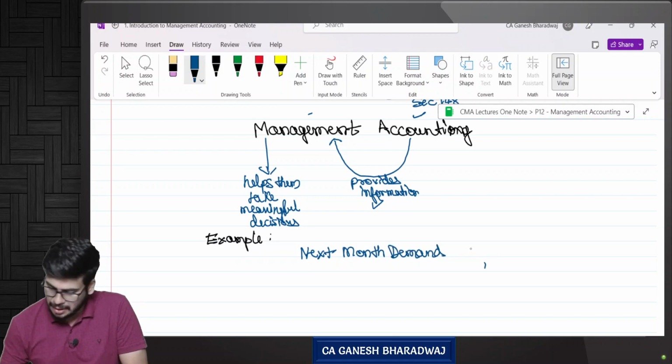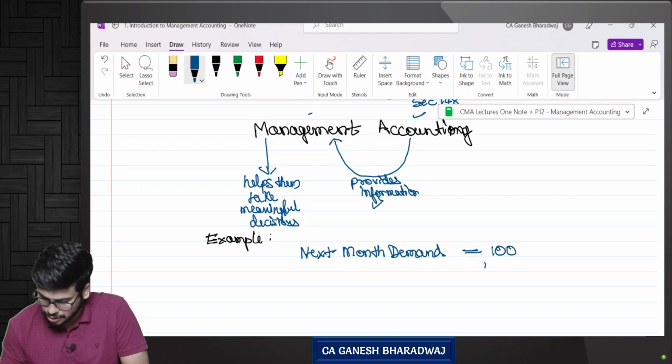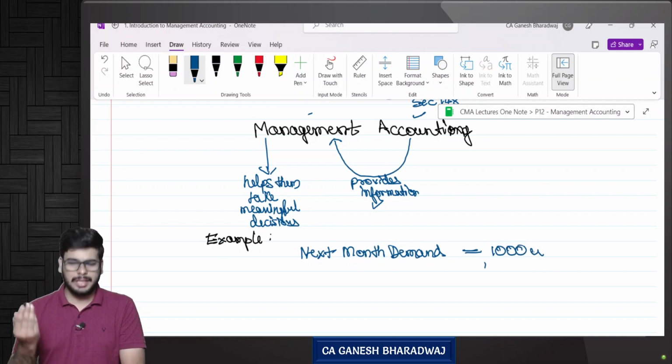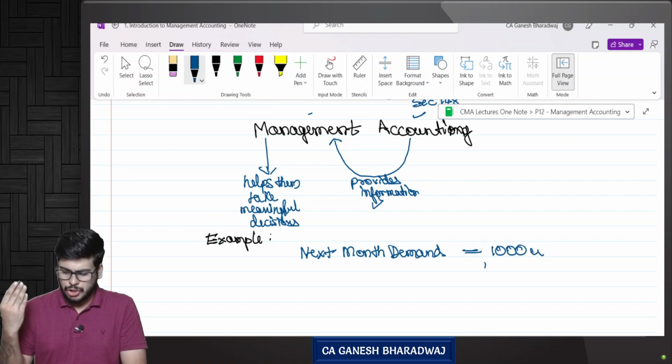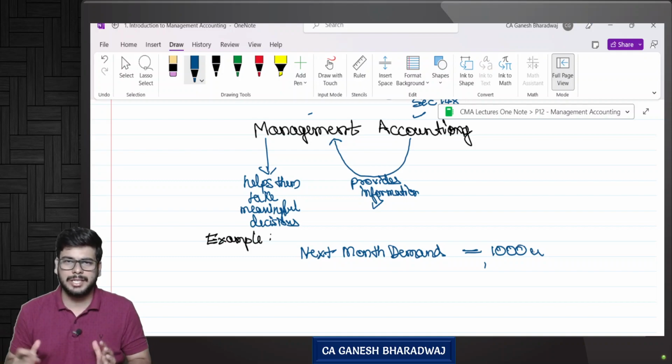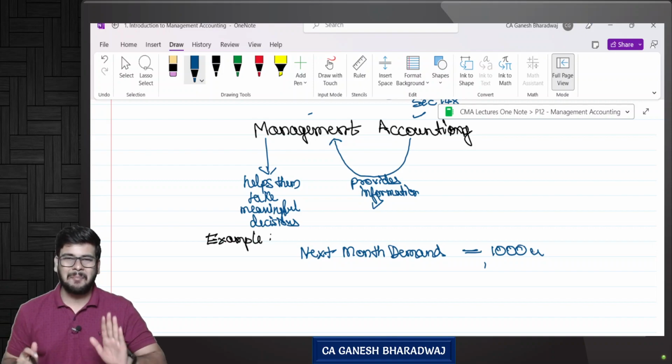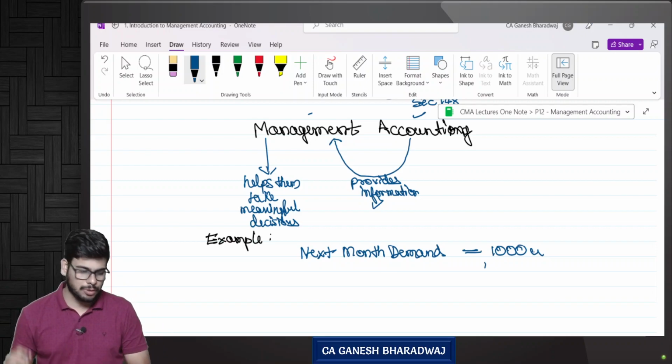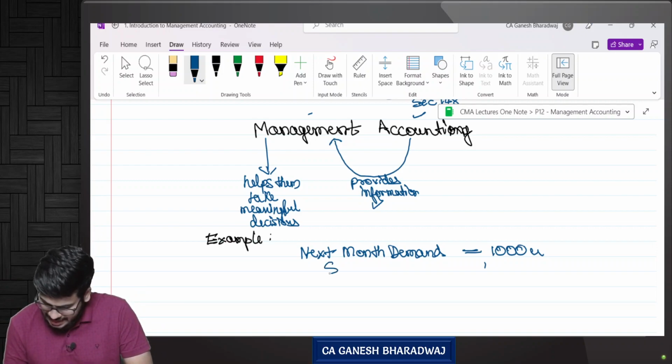let's say the next month demand is going to be 1000 units. So he is saying this is the estimate. You have got in touch with market analysis you have done. So in the next 1 month, even if we are continuing, maximum demand can be for 1000 units. The selling price per unit is going to be rupees 10 per unit.